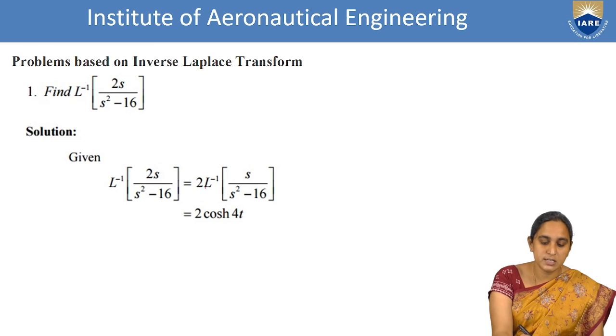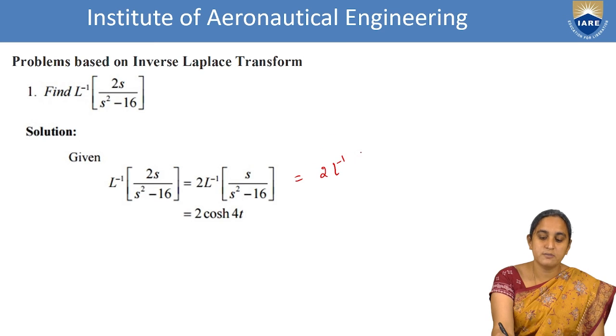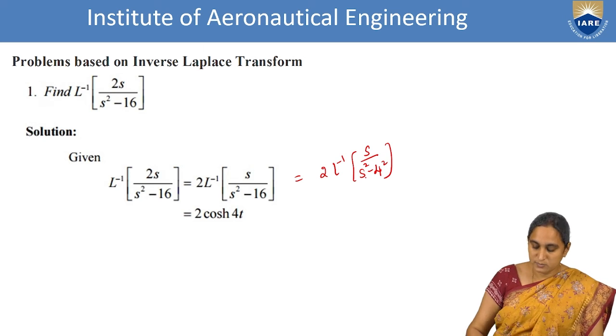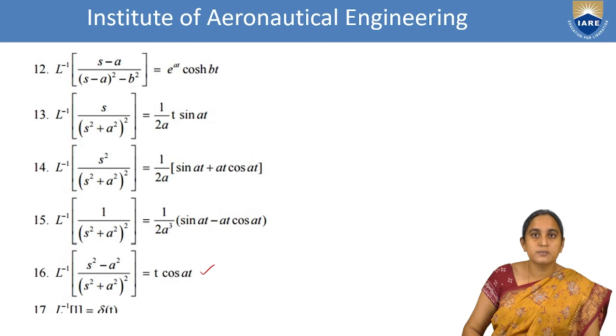I'll take 2 outside here. Then Laplace inverse of s by s square minus 16. I'll write this as 2 into Laplace inverse of s by s square minus 4 square. Once you observe, which formula is useful for this?